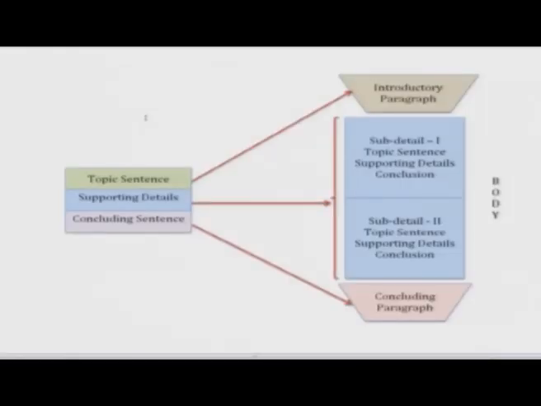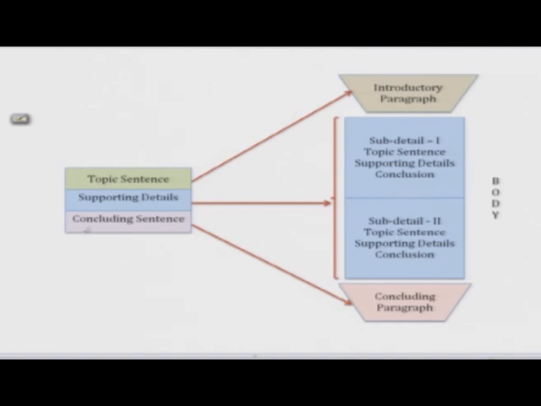Okay. So, if you look at this diagram, you can see how the structures of a paragraph and that of an essay are very similar in nature. Here you can see the basic structure of a paragraph, and you can recall it from the previous class, and this refers to the structure of an essay.